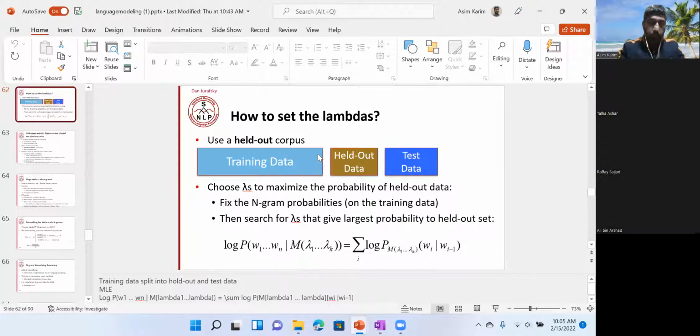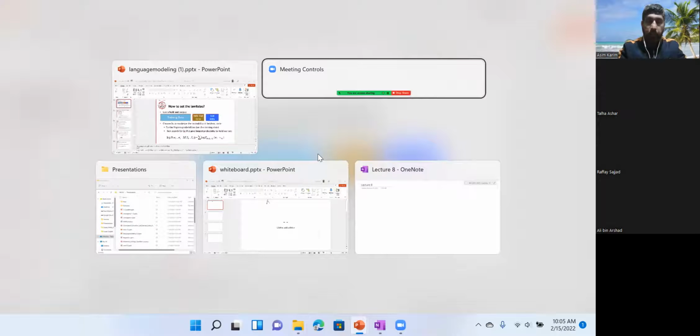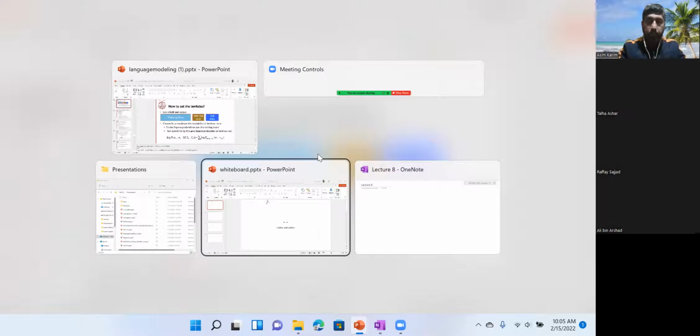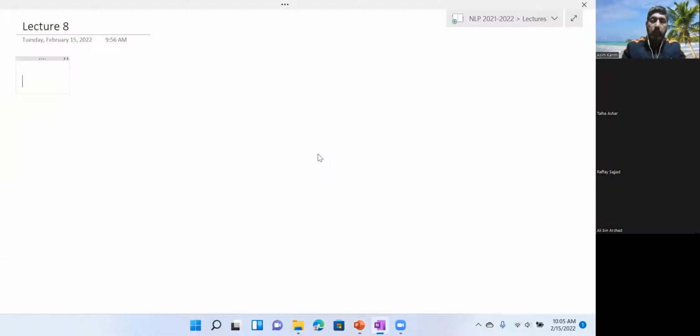So in the last lecture, we had started talking about advanced smoothing, and we also talked about interpolation, and we also talked about backoff. All right, so we will start from there.